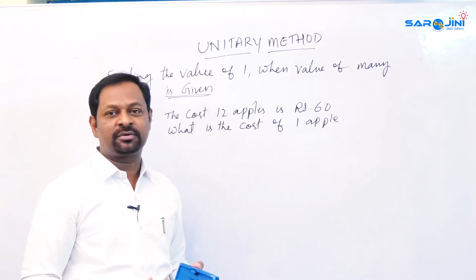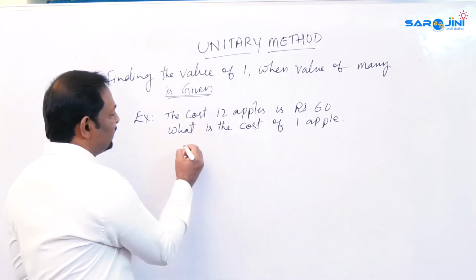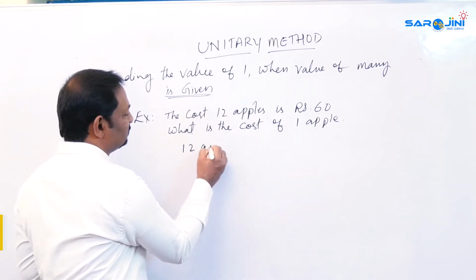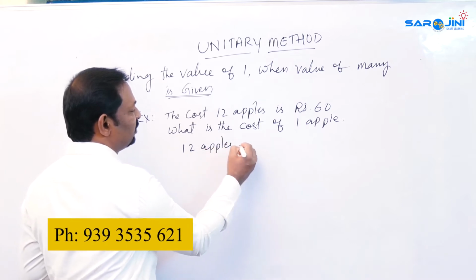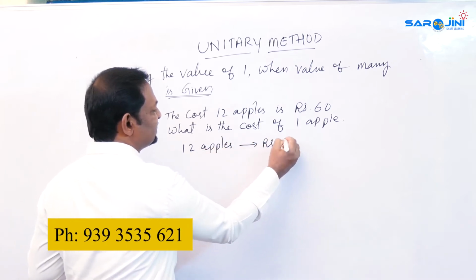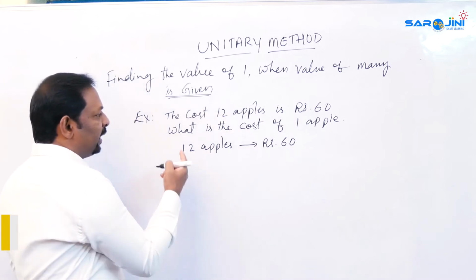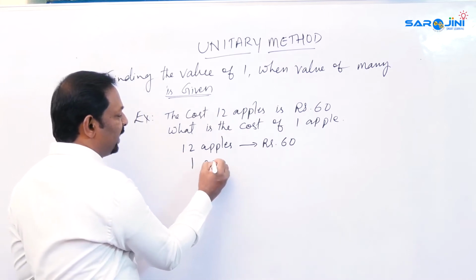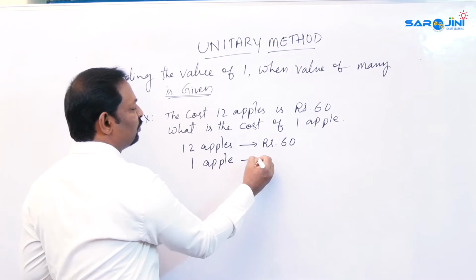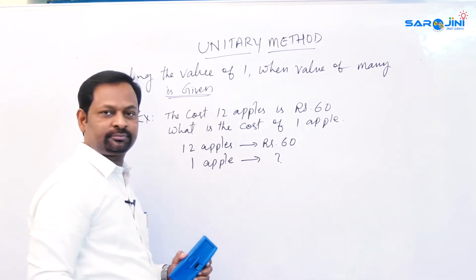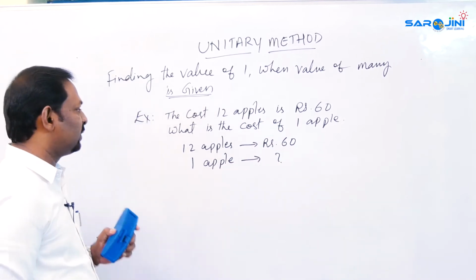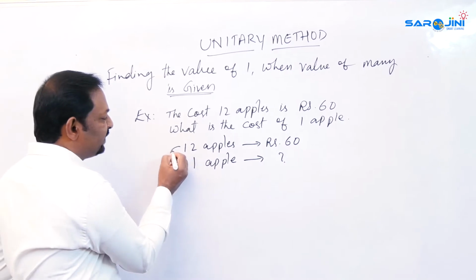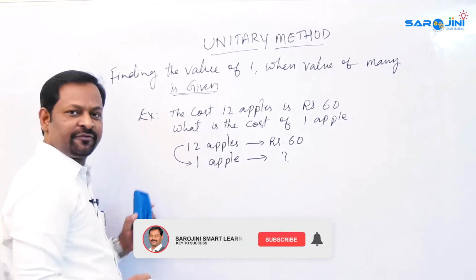So how to find out? Here, number of apples are how many? 12. Right? And what is the cost for 12 apples? That is 60. Again here we are going to find out for 1 apple. So what is the cost? In this question, the number of apples has been decreased from 12 to 1.